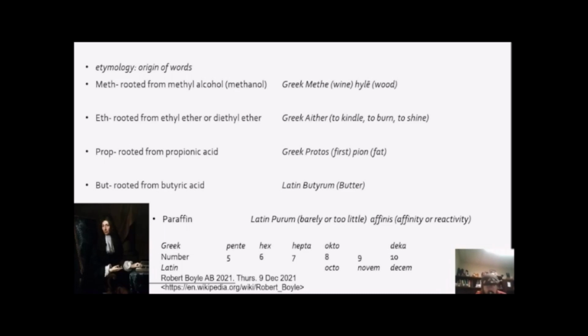Between 1601 and 1930, the only way we could get methanol was through this destructive distillation of wood. And so it became known as methyl alcohol or wood alcohol, which, by the way, is not a good thing. It's incredibly toxic. If you ever drink that, it will quickly destroy your optic nerves and eventually lead to death.